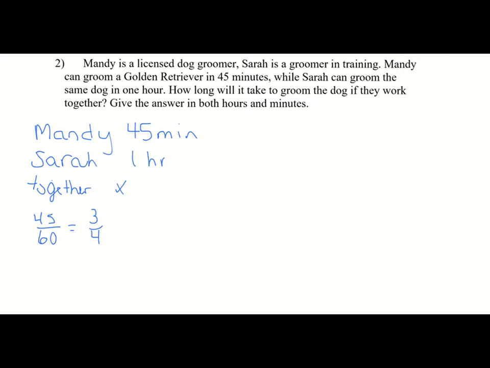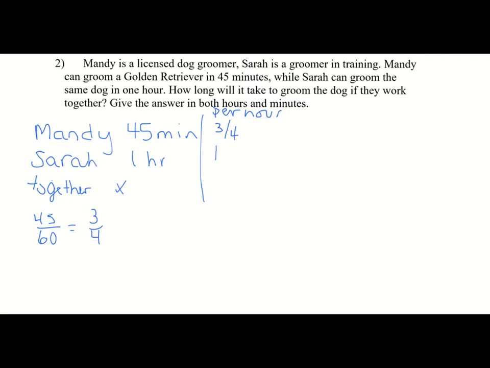So per hour, Mandy can do 3/4 of the dog, or it takes her 3/4 of an hour to trim the dog. And then Sarah takes exactly 1 hour.